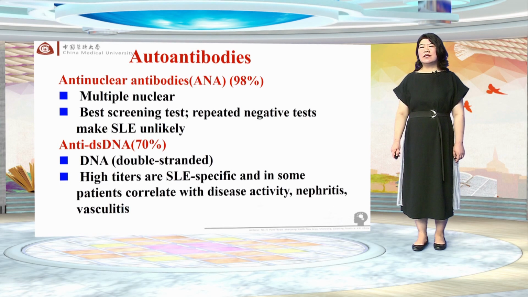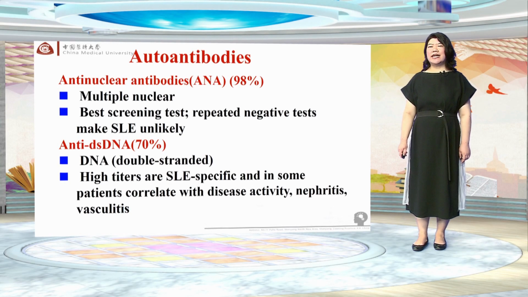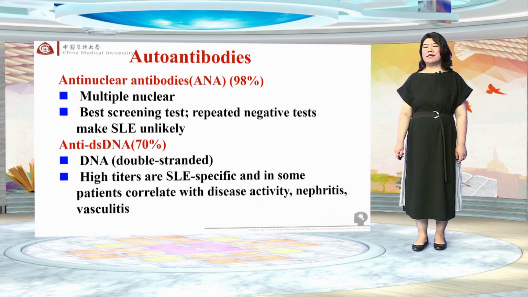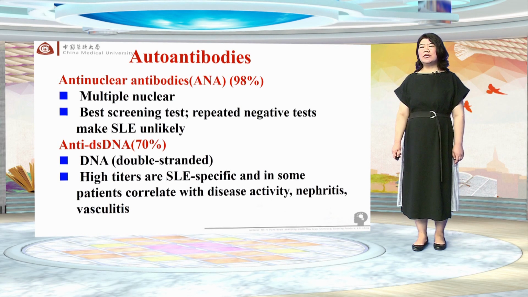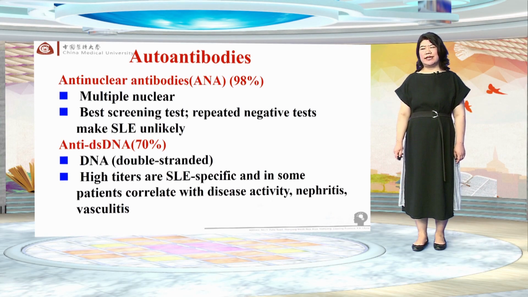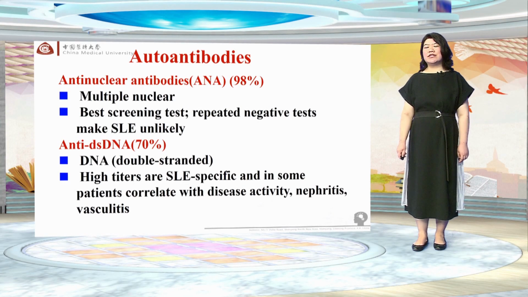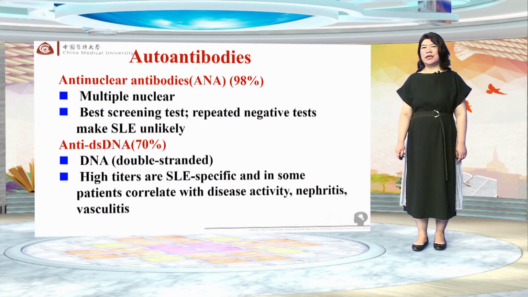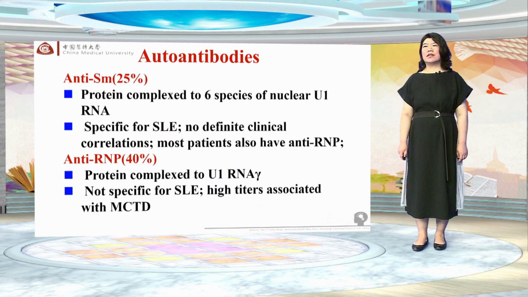In some lupus patients, the titers of anti-dsDNA antibody correlate with disease activity, with nephritis, and also with vasculitis. The titers may decrease after appropriate therapy in such patients.